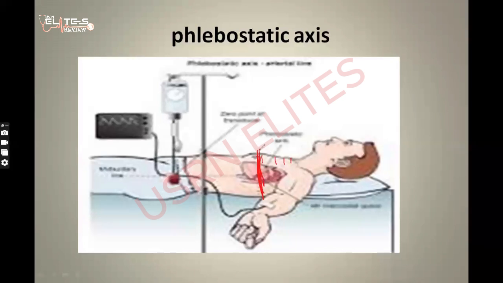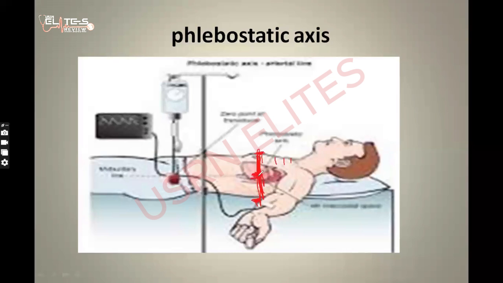And on this mark, your anterior-posterior midline, the middle of it, on the fourth intercostal space, that is where you have your atrial level, around that point.